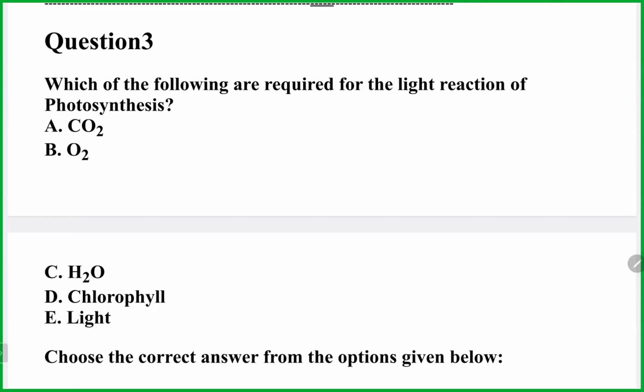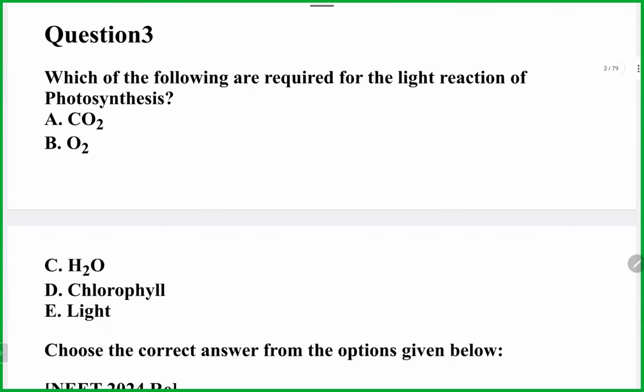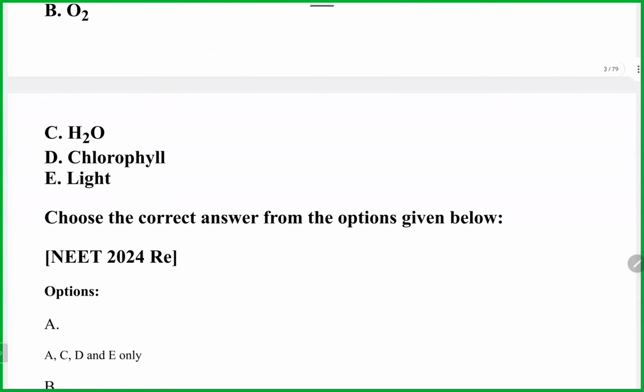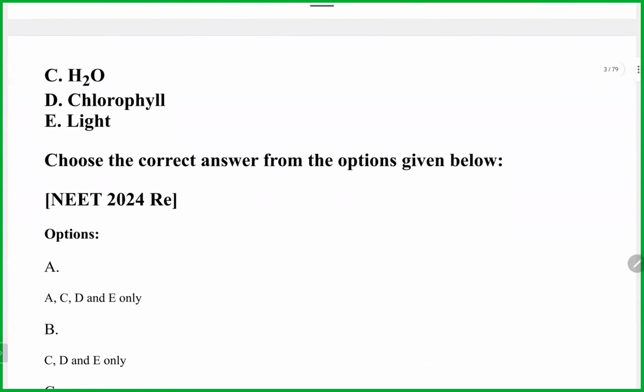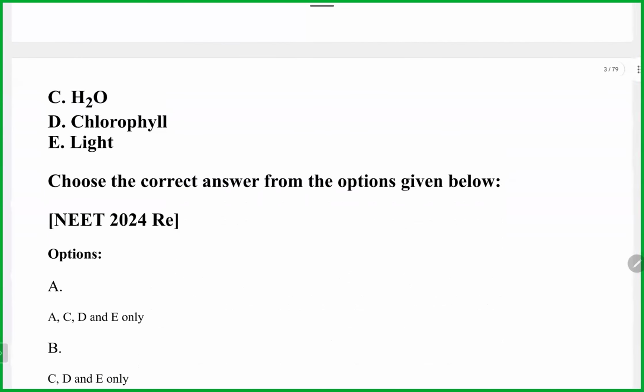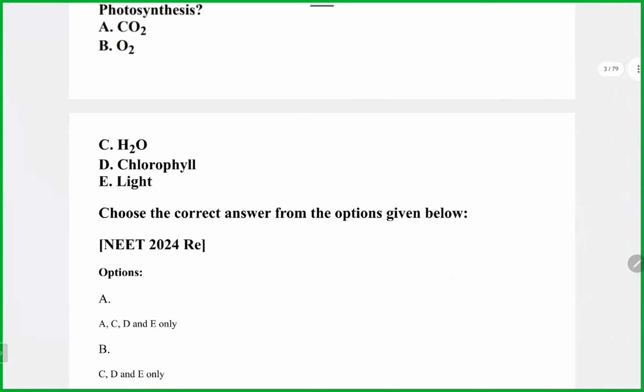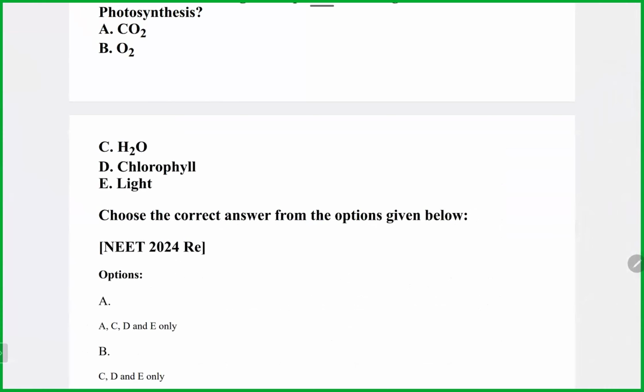Yes, H2O is required because it is associated with PS2. Water splitting happens, oxygen is produced. Chlorophyll, yes. Light, of course, for the light reaction. So O2 is the byproduct, we can say. O2 is a product of the light reaction, not required for the light reaction.